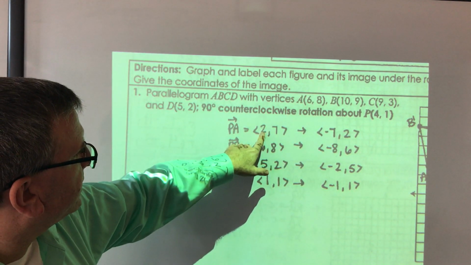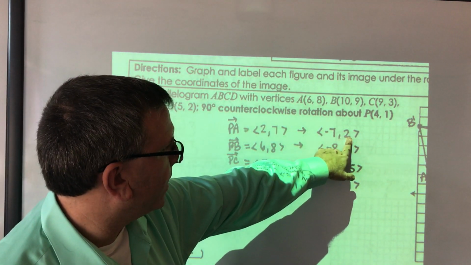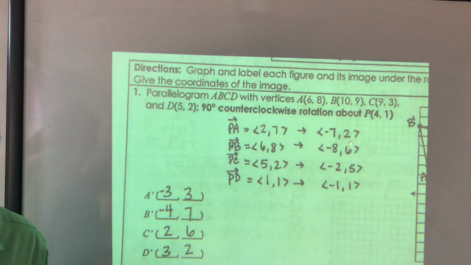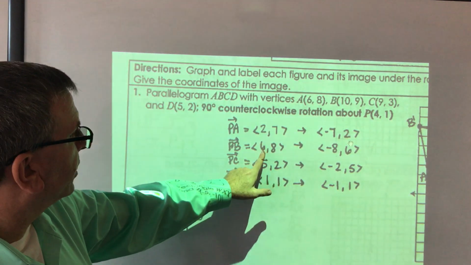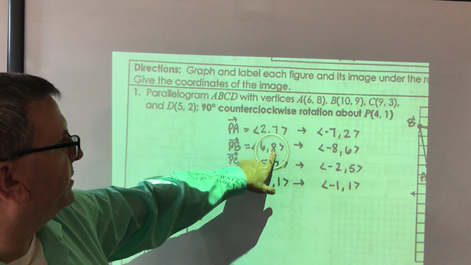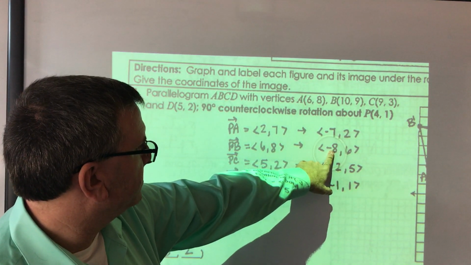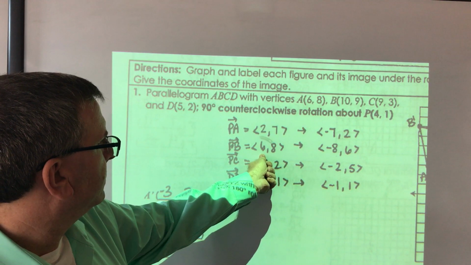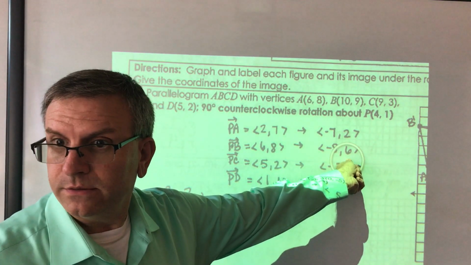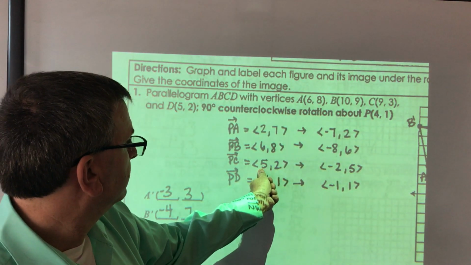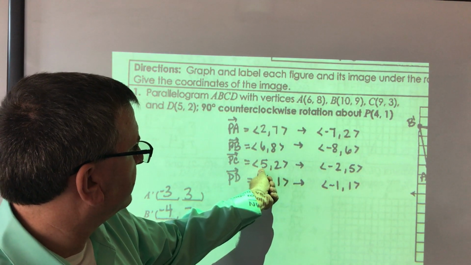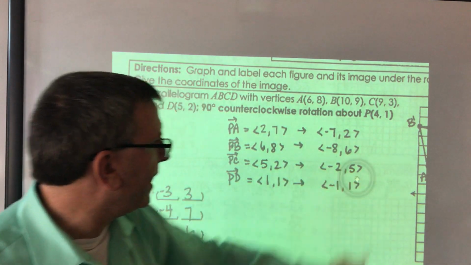My x stays the same and becomes the y: negative 7, 2. Now for the next one, my y changes its sign and becomes the x, and my 6 stays the same and becomes the y.